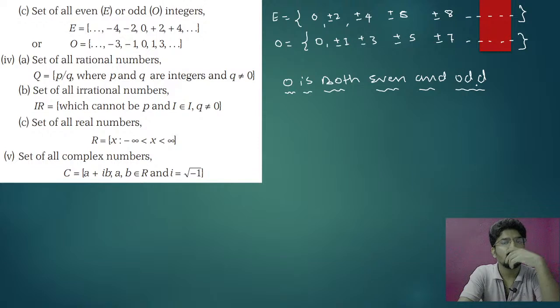But now you understand that 0 is both even and odd. It is not only even, it is not only odd, but 0 is both even and odd. Please remember this. 0 is neutral, but when you come to even and odd, 0 is both even and odd.